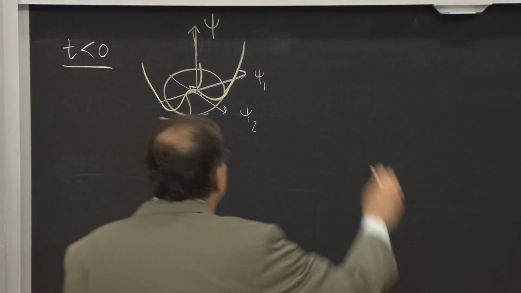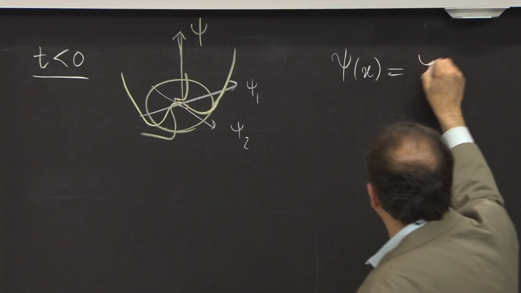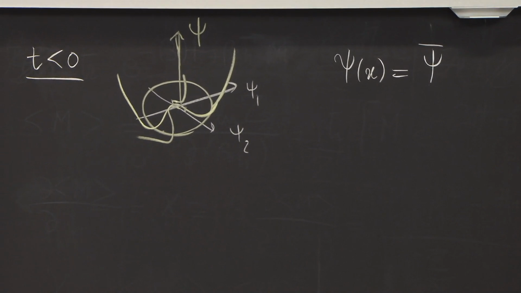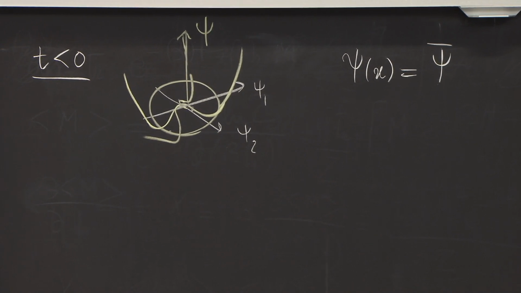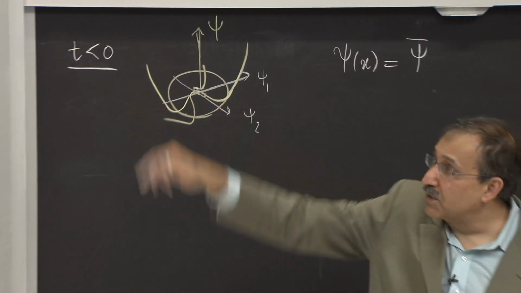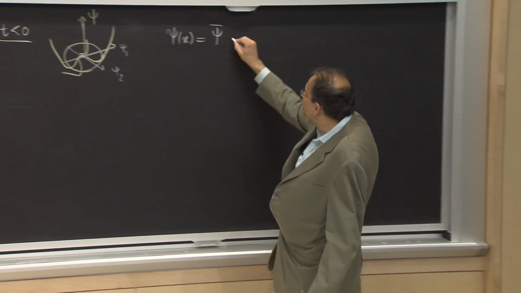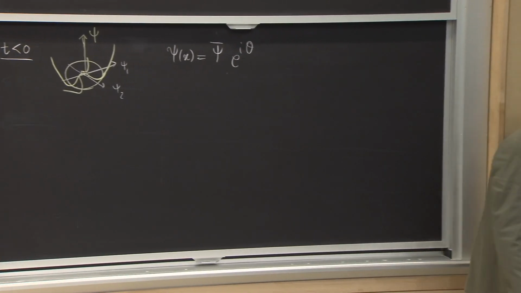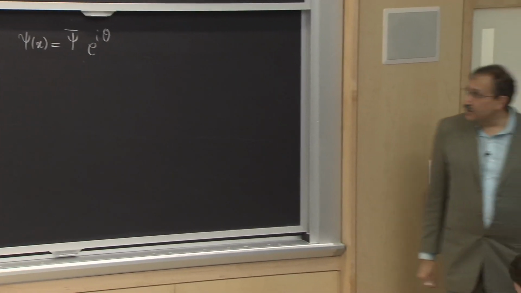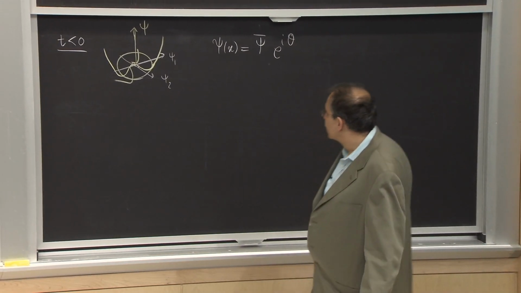So the minimum occurs for psi of x having some particular magnitude, which corresponds to the location of this ring, how far away it is from the center, and that will be given by the square root of t formula that we have up there. But then there is a phase that is something that you don't know. Okay?